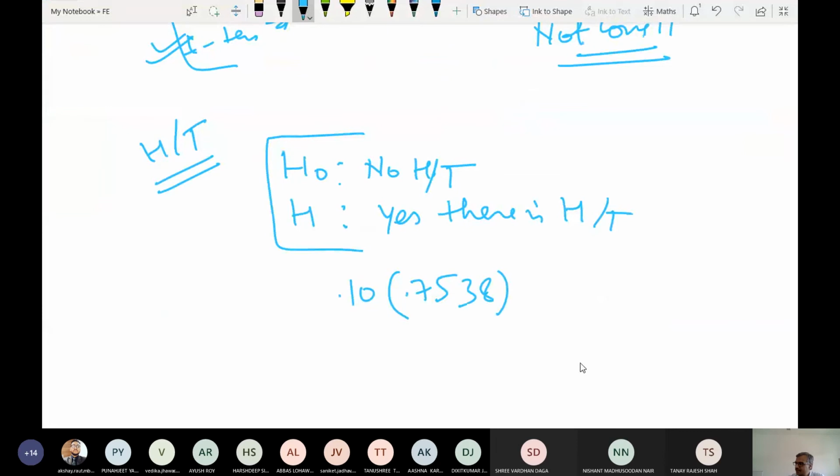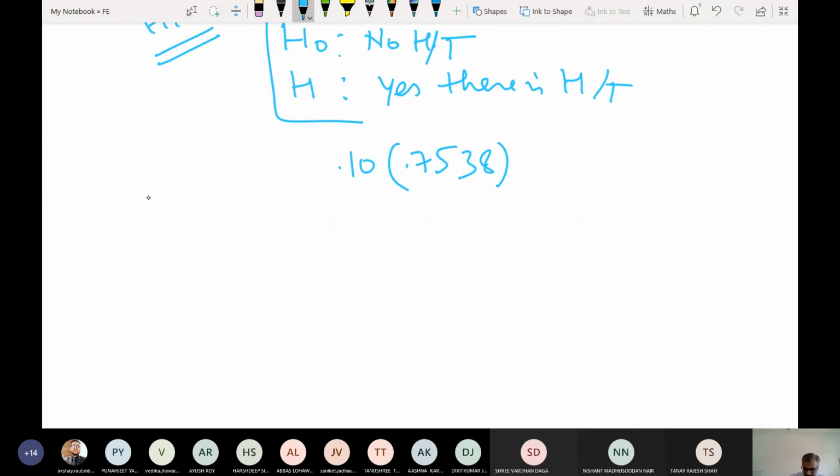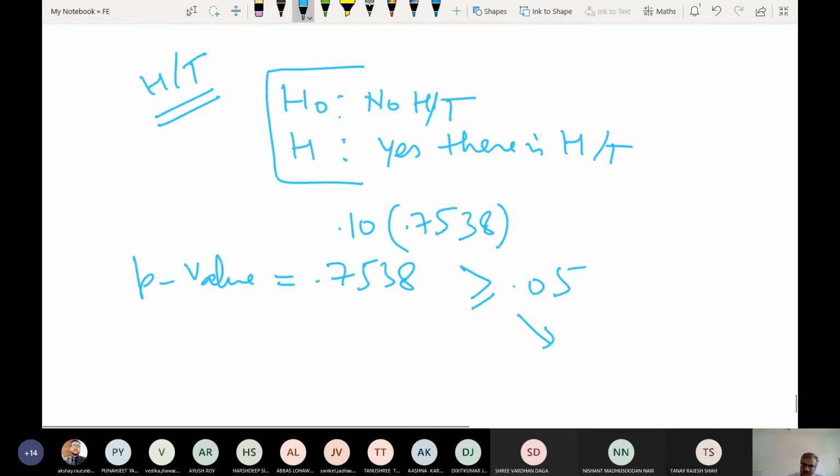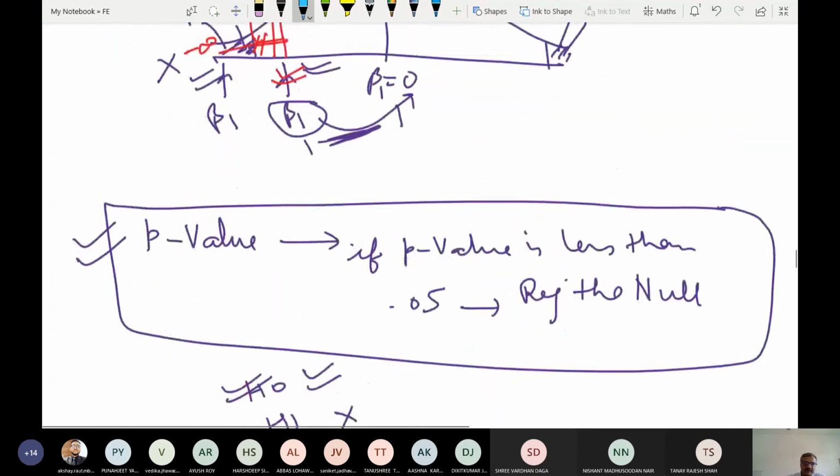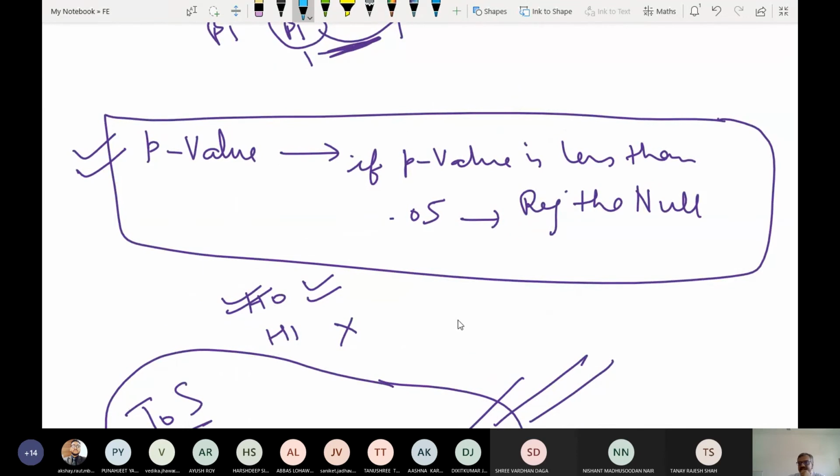So we'll go by our conventional approach to the testing of hypothesis. We have got the p-value, which in this situation is equal to 0.7538, which is more than 0.05. By the simple old interpretation of any testing of hypothesis, if the p-value is less than 0.05, reject the null.